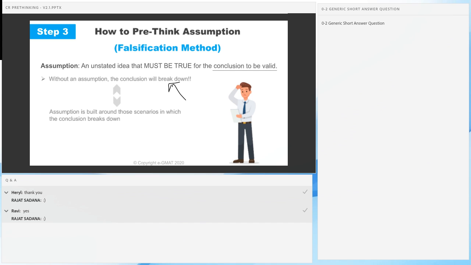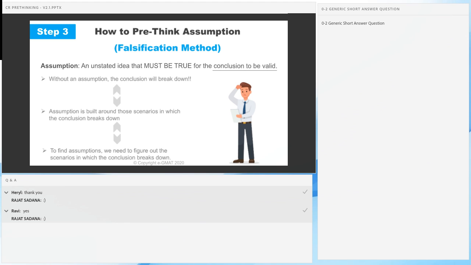So, if without the assumption the conclusion breaks down, then if you want to figure out what the assumptions are, let's figure out all the areas where the conclusion breaks down, or all the possibilities that break my conclusion down. Why? Because that's the job that the assumption is supposed to do. Okay.